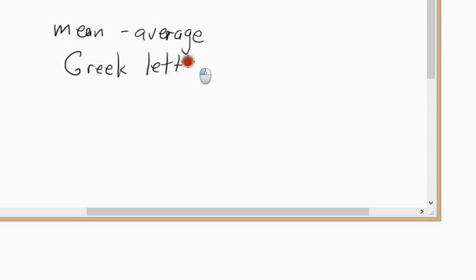Let me pull out another one. Again, we haven't actually talked about mean, median, and mode yet, but the mean just means average, so add up all the numbers and divide by how many there are. The main thing I want to say about this now is that in this class, if you see Greek letters, that's talking about the population.